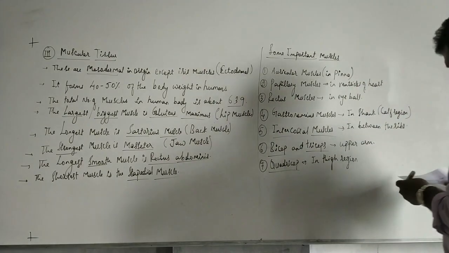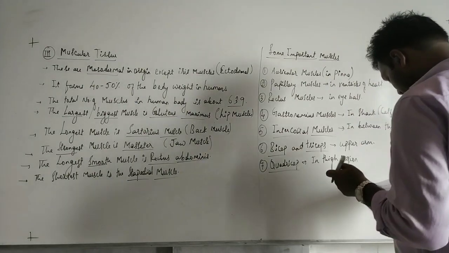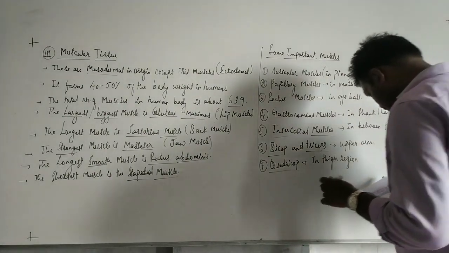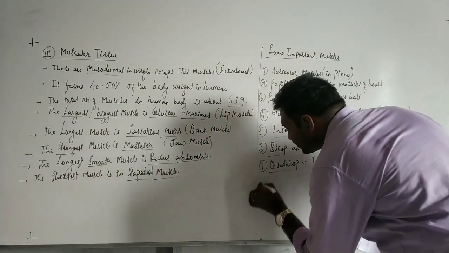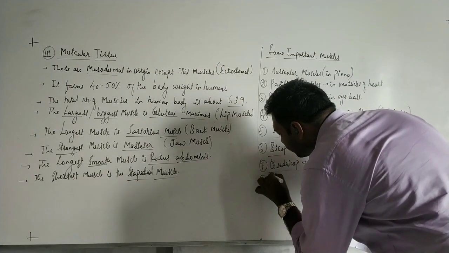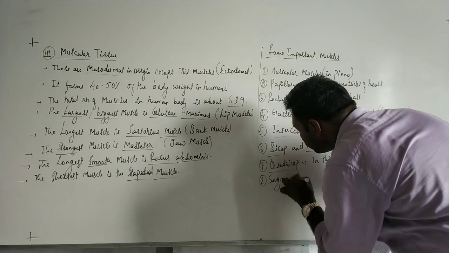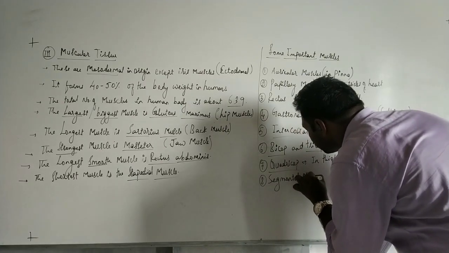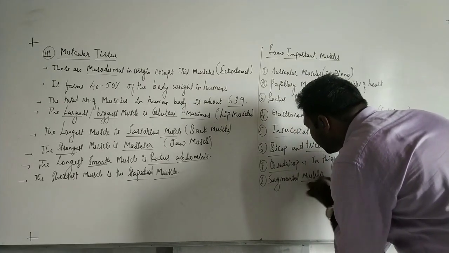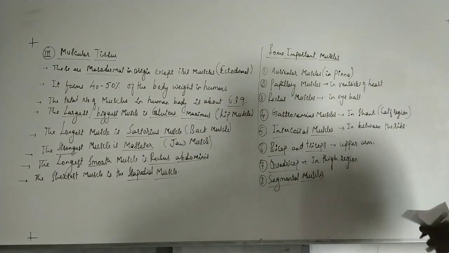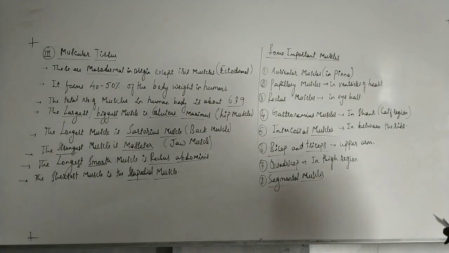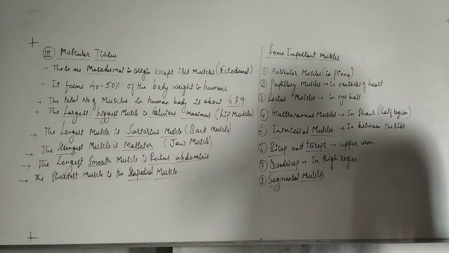The next, segmental muscles, 8th number. Where are the segmental muscles seen? The segmental muscles are seen on either side of the vertebra.